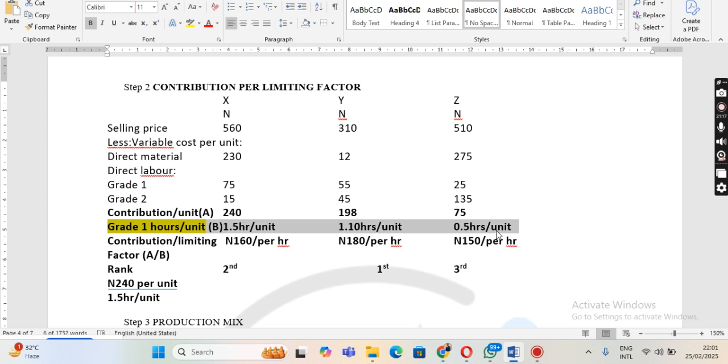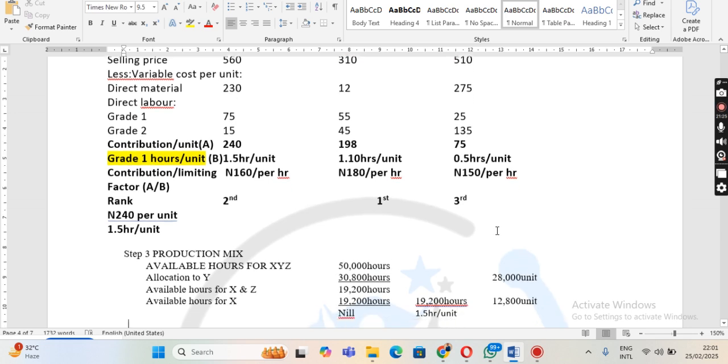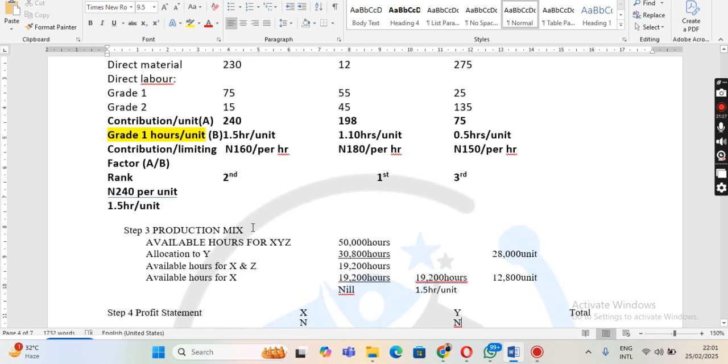After that, you need to rank. When you rank, you do your production mix. Class, sometimes you may have a special order or guaranteed.